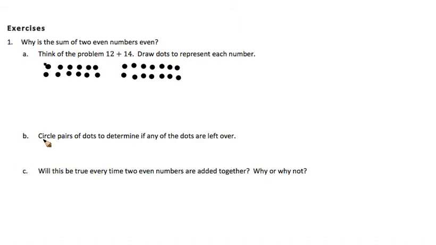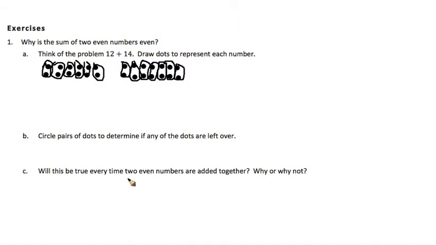The next step is we're going to circle pairs of dots, pairs meaning 2, to determine if any of the dots are left over. So there's one pair, 2 at a time. And we find that there are no dots left over.